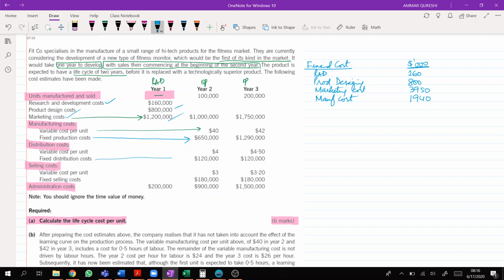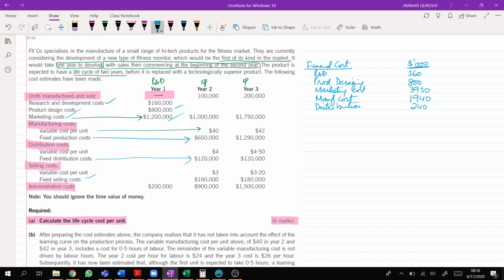Distribution cost is a fixed cost of 1.2 million, so 1.2 and 1.2, that is 240,000. And what's next?